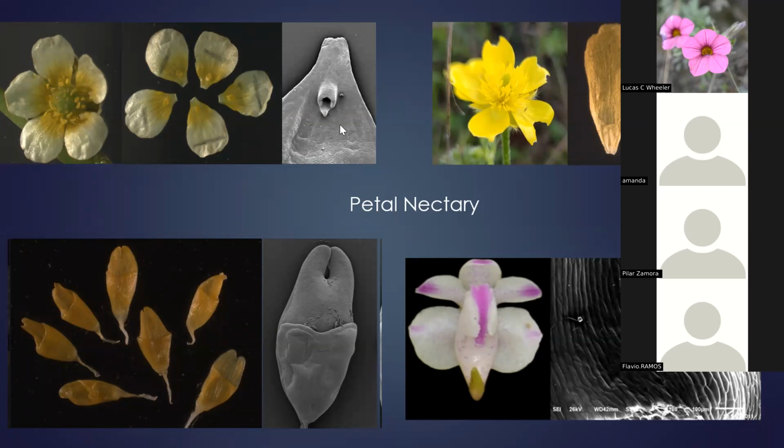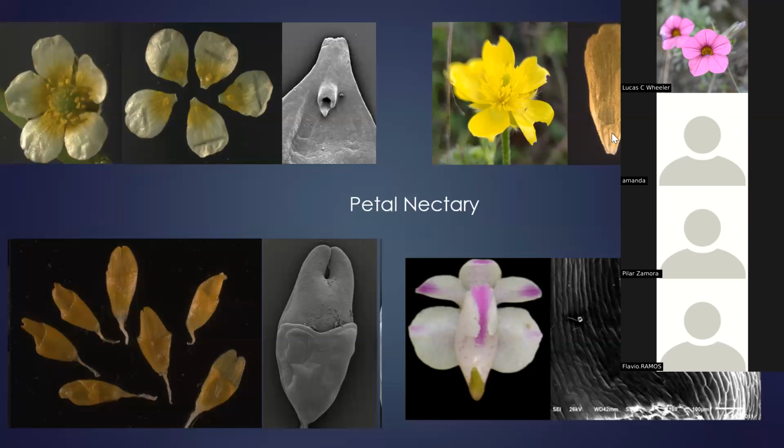And this is a scanning electron micrograph of this petal nectary. This structure, which is an outgrowth on the base of the petal, has the only function of producing and holding nectar. So this is one form of petal nectary. The structure may vary, or may not vary, within a clade. This is another form of nectary, another flap-like structure.